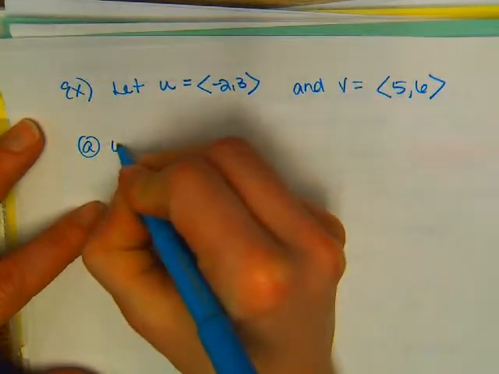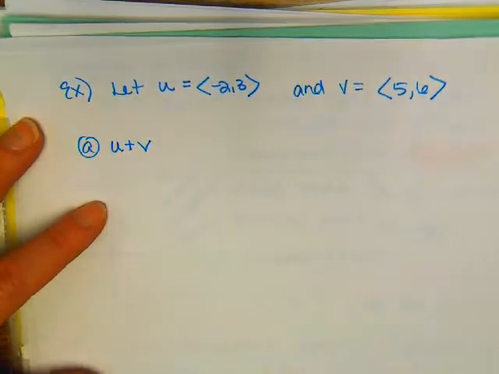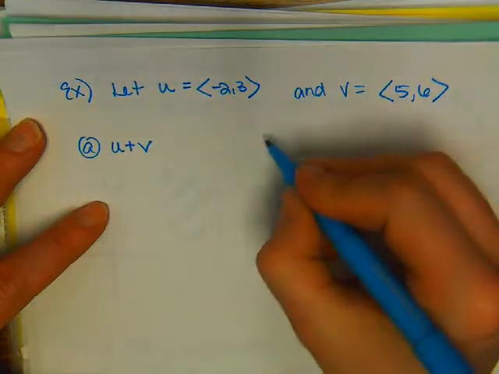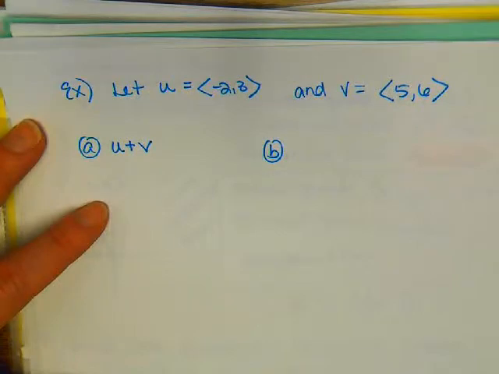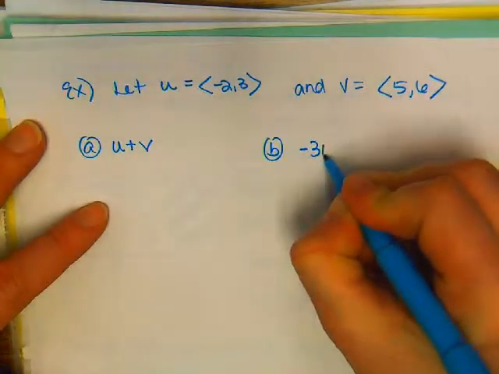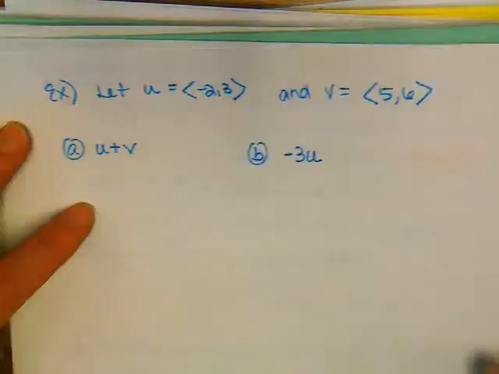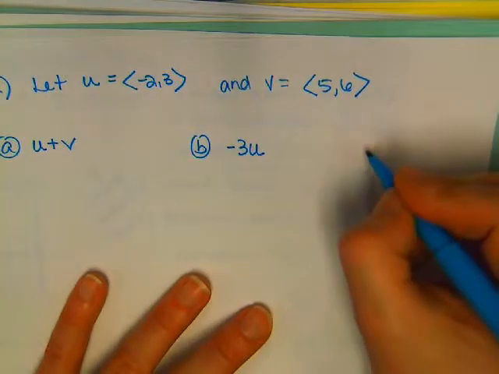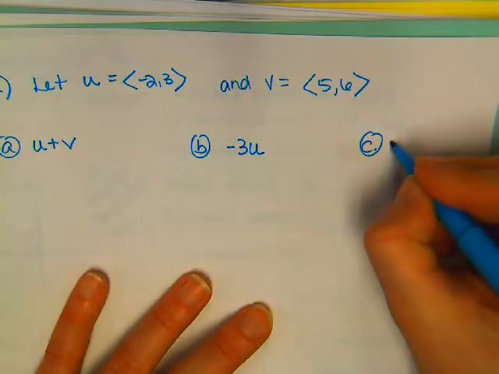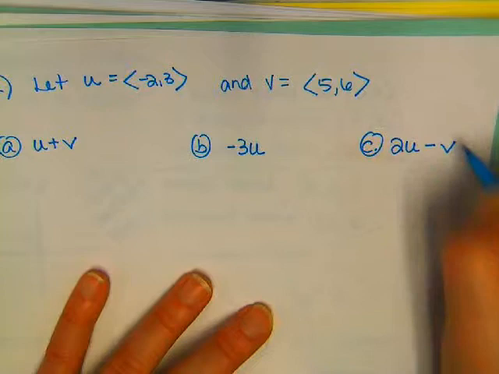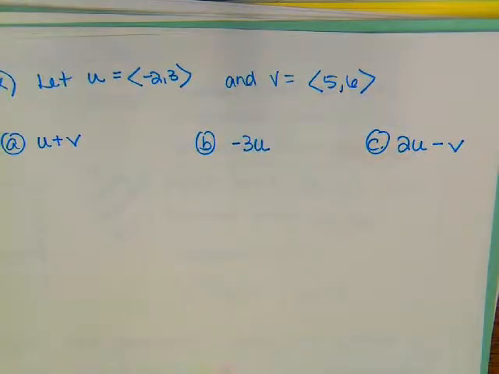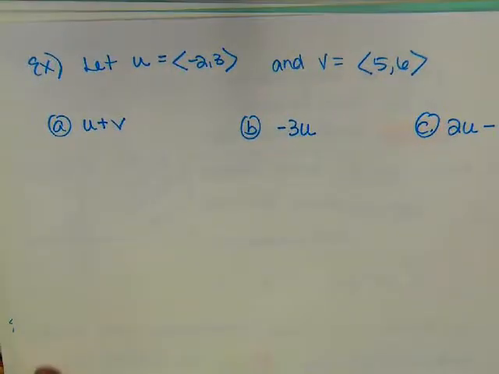Let's evaluate some vectors. First, we're going to write an expression for u plus v. And then how about -3u? And then finally, let's do 2u minus v.